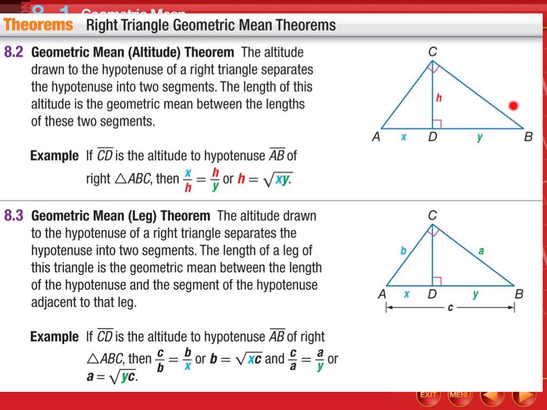We have a right triangle ABC, and we've dropped that altitude down to the hypotenuse AB, creating these two segments here labeled x and y. So hopefully you can see that this small triangle here and the medium triangle here share this altitude as one of their legs, and that in fact means it's going to become a geometric mean.